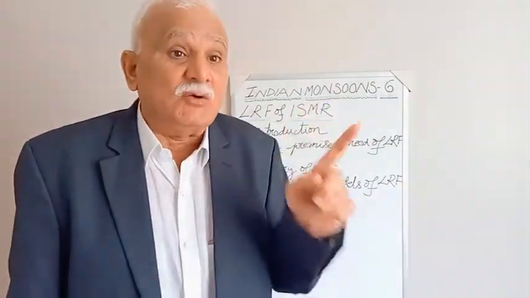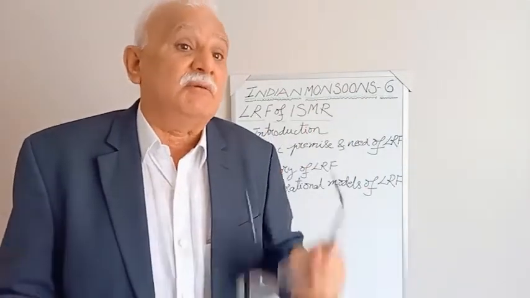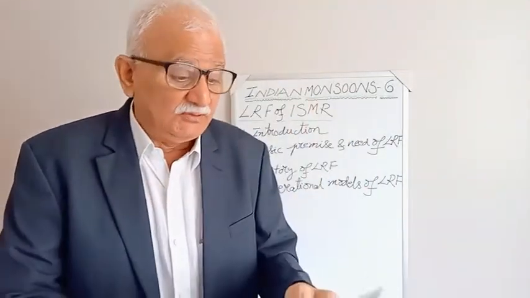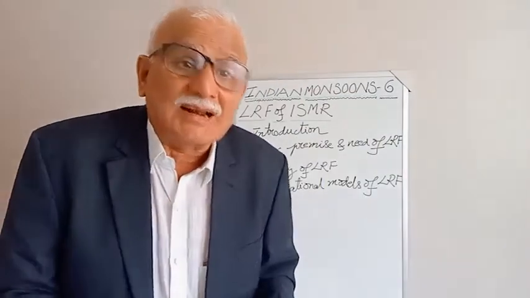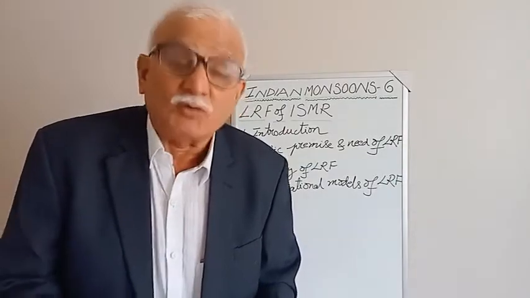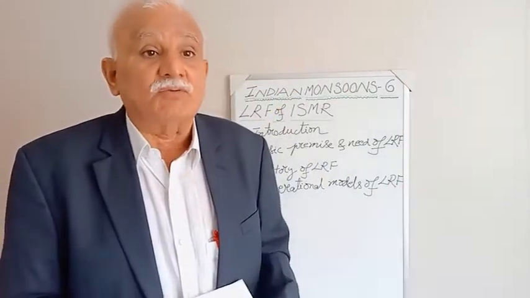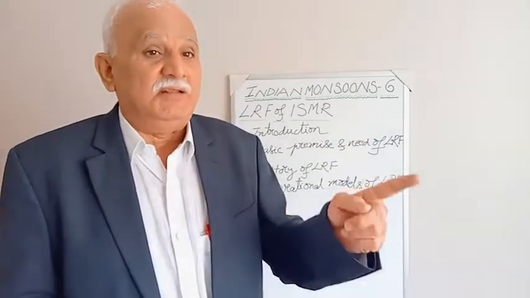In the Kharif, the coefficient of variation is 75%. Please note that. But for the Rabi, the coefficient of variation is only 0.45%. That is the importance of the Indian summer monsoon as far as agriculture is concerned.